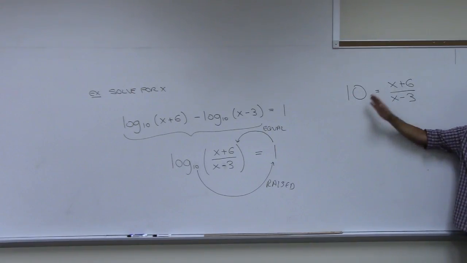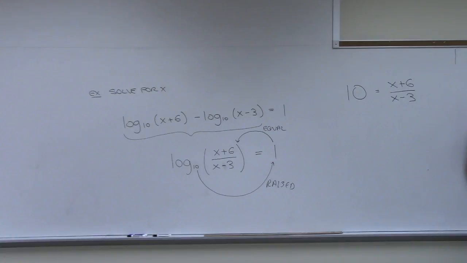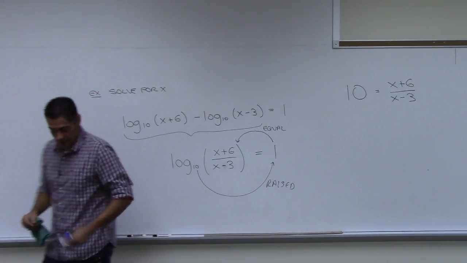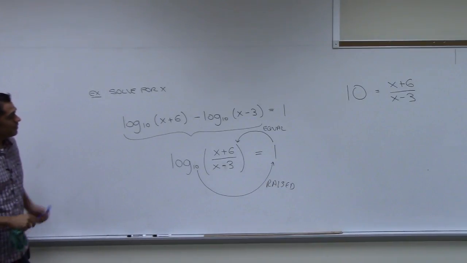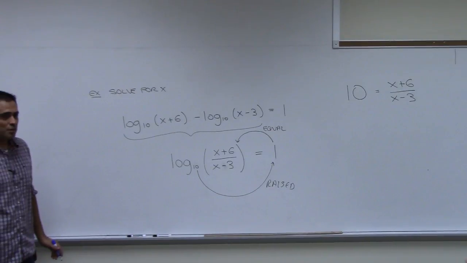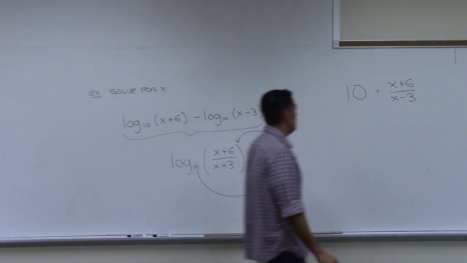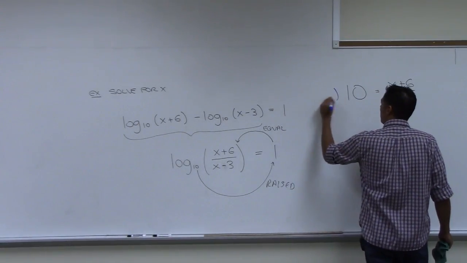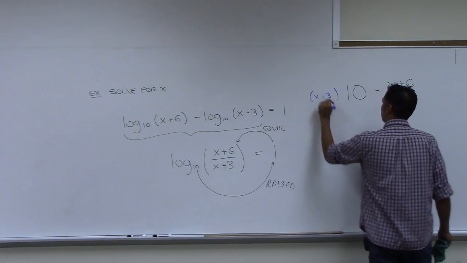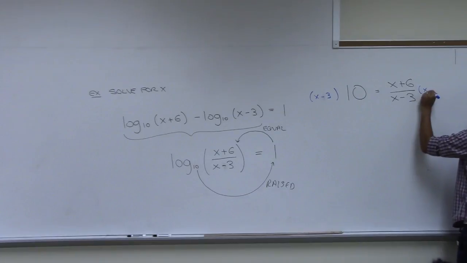That means you multiply both sides of the equation by the denominator. I'm going to do x minus 3 here, and then here x minus 3.